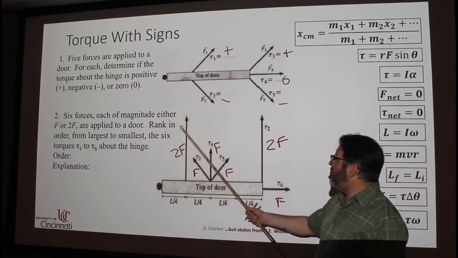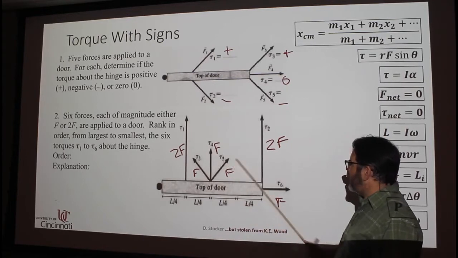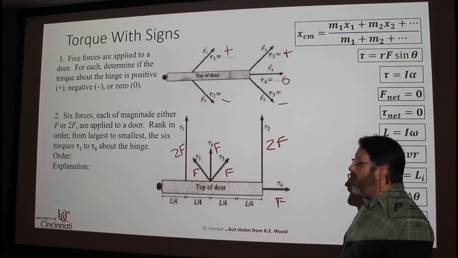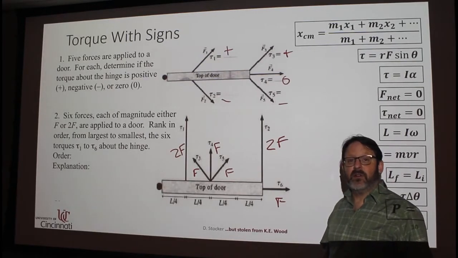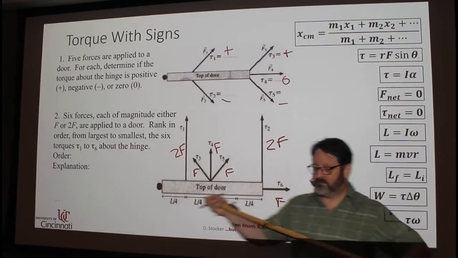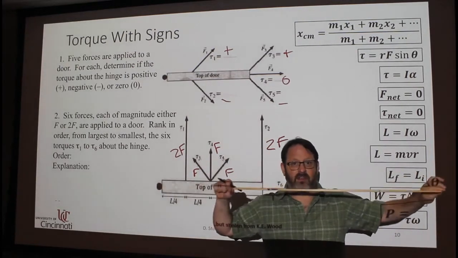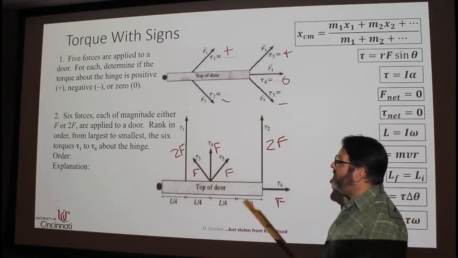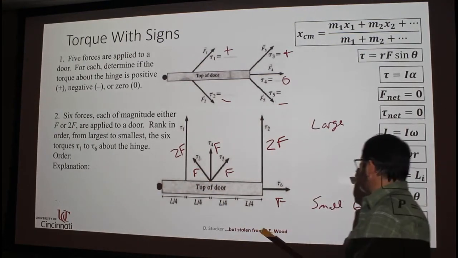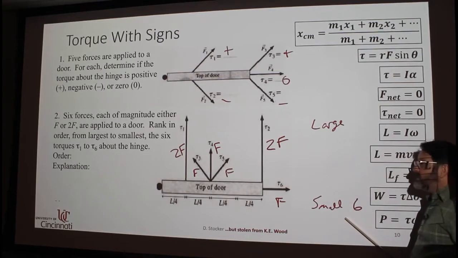So these are 1, 2, 3, 4, 5, and 6. I see one that has a torque of 0. From this pivot, if I pull on the door that way, 0 torque. So that's going to be the smallest. So 6 is the smallest.